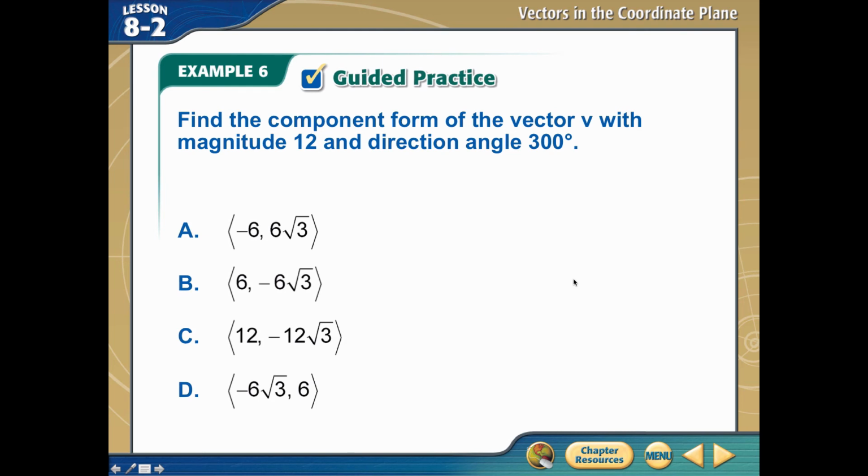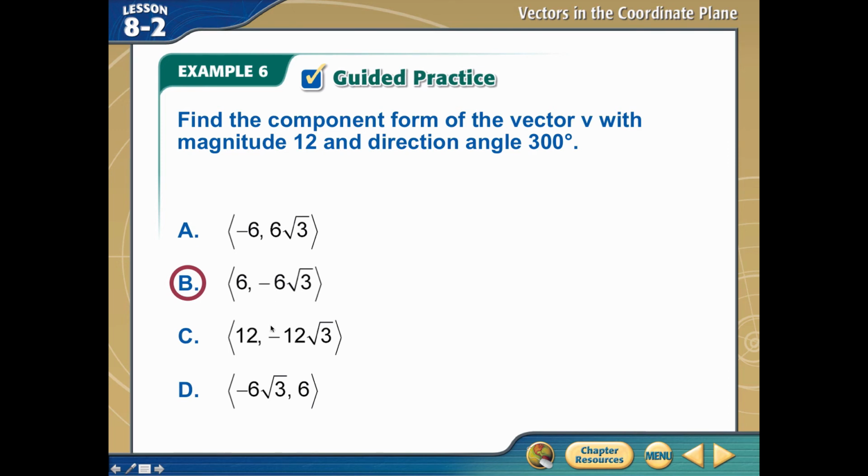Okay, give this one a shot. I'm going to give you the answer in 3, 2, 1. Okay, so the first thing to point out is if the angle is 300 degrees, you're going to be in the fourth quadrant, so x needs to be positive, y needs to be negative.